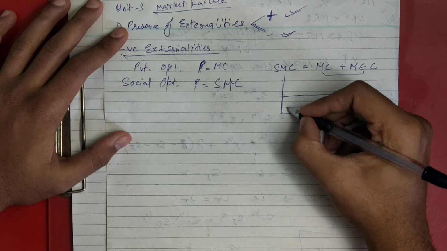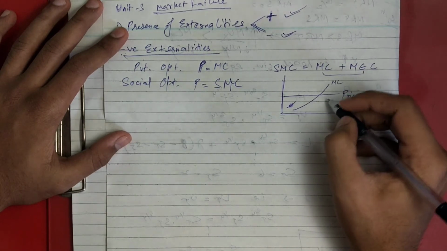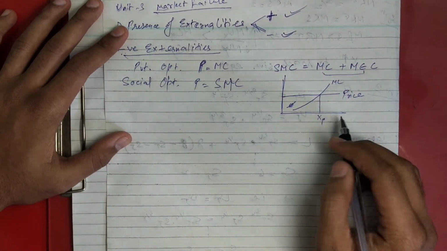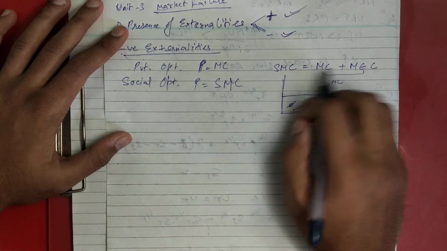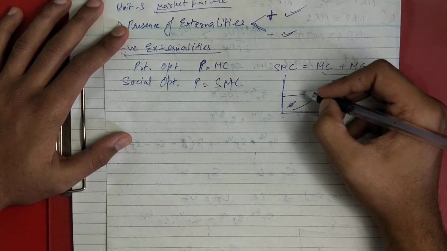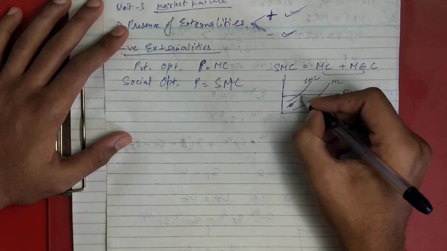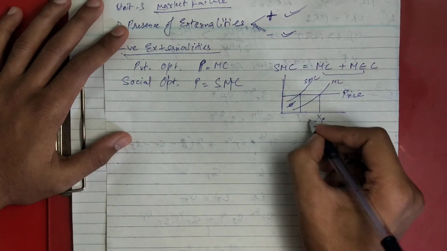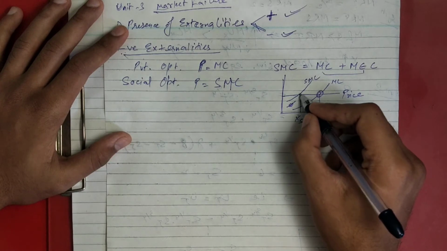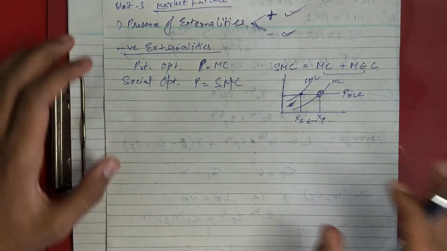This is your earlier MC, and you were producing this XP, let us say the private optimum. But now your marginal cost has increased to SMC, so it will shift upward. It will be here, SMC, and your production will reduce to XX. This was the efficient bundle, but he is only producing this due to the externality. That is why the market failure occurs.